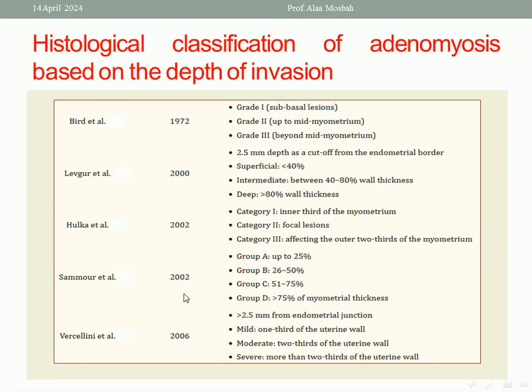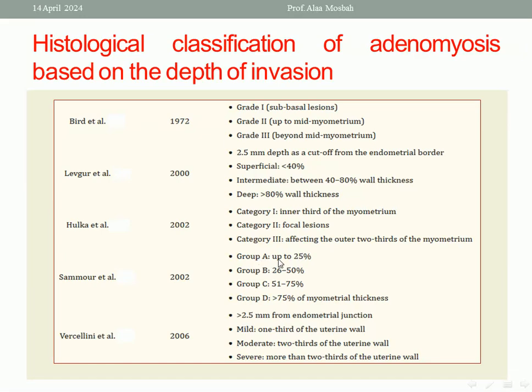According to another study in 2002, there are four groups, A, B, C, D, according to the depth of invasion also.